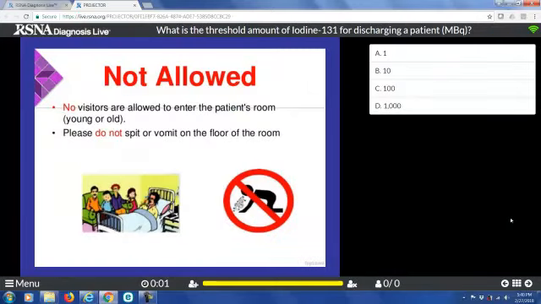What is the threshold amount of iodine-131 for discharging a patient in megabecquerels? Is it 1 megabecquerel, 10 megabecquerels, 100, or 1,000? If you want to become an authorized user for the Nuclear Regulatory Commission, then you have to pass something called the RSE exam, radioisotope safety examination.